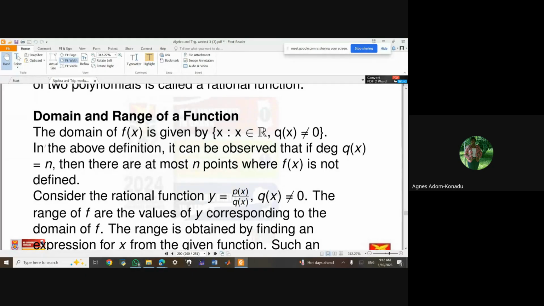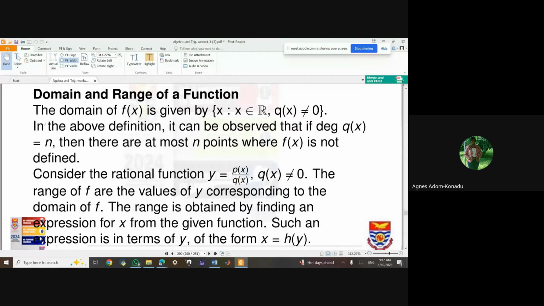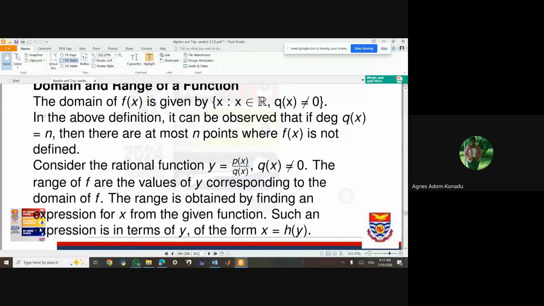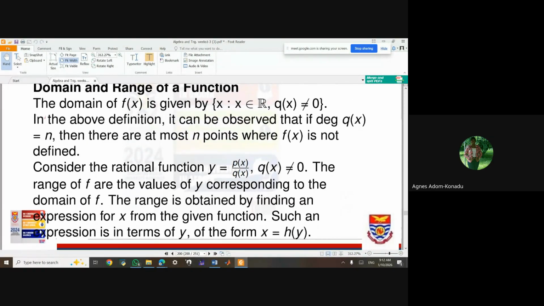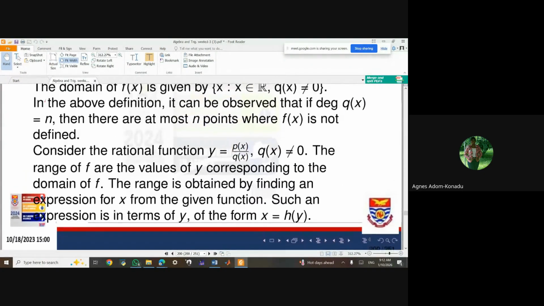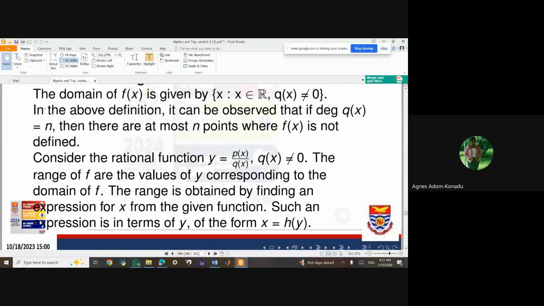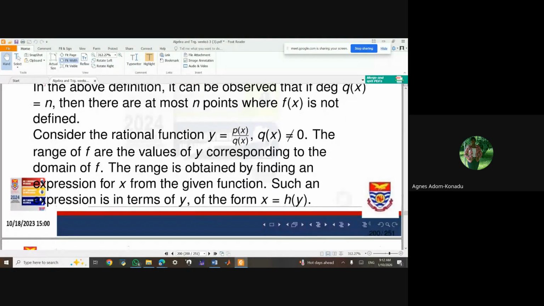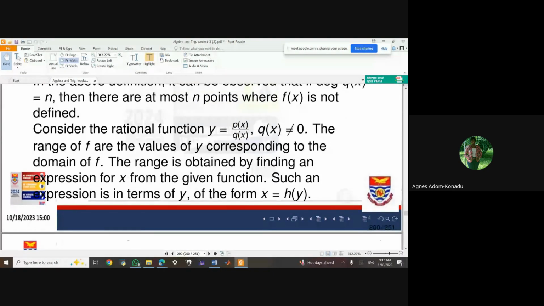In the above definition, it can be observed that if P of s is equal to n, then there are at most n endpoints where P of s is not defined. Consider the function y is equal to P of s over Q of s. For Q of s not equal to 0, the range of the function is the value of y corresponding to the domain of f.